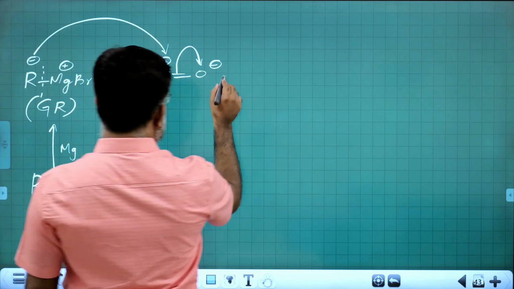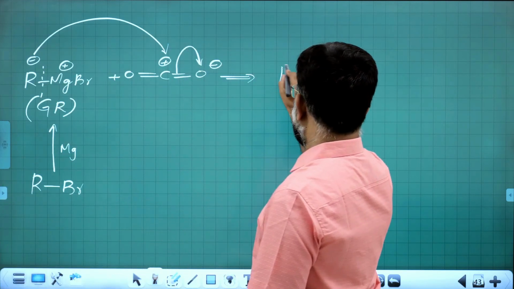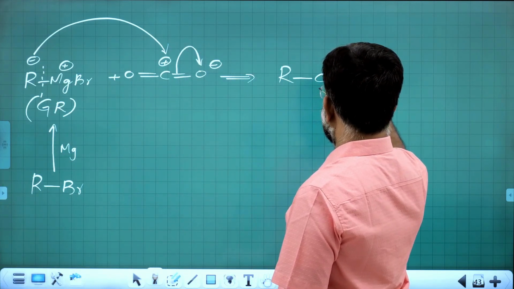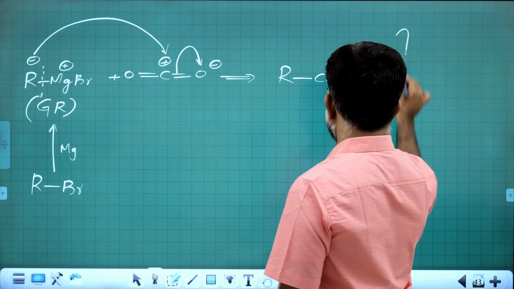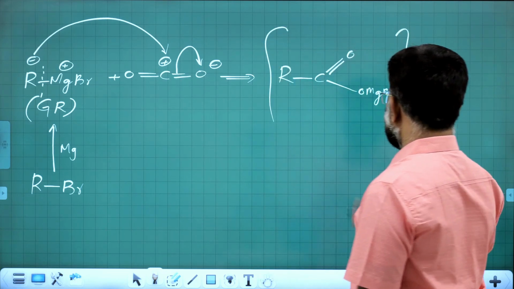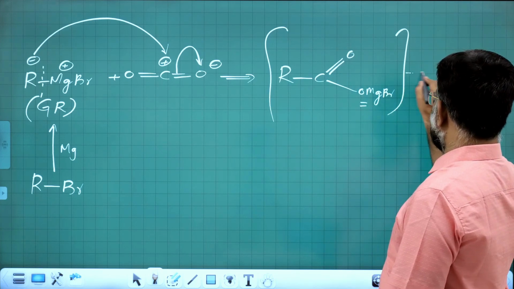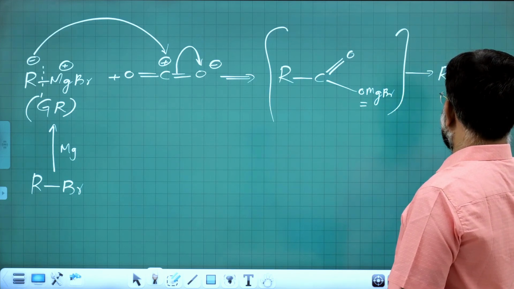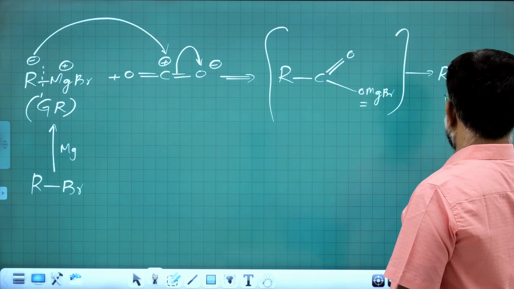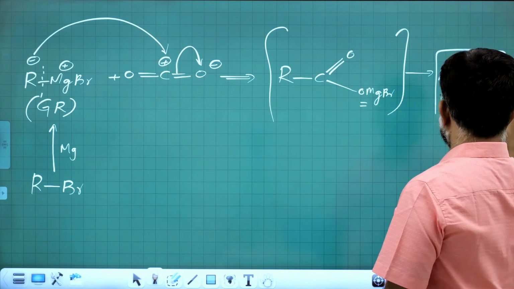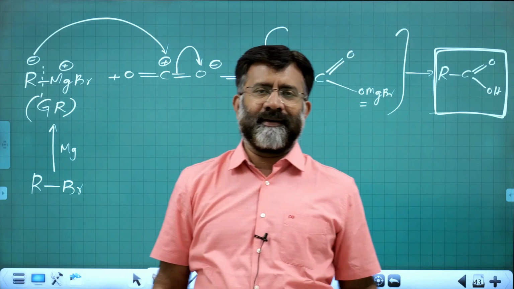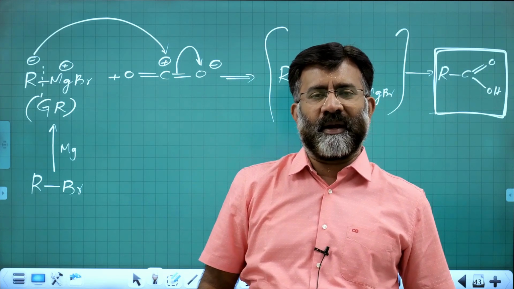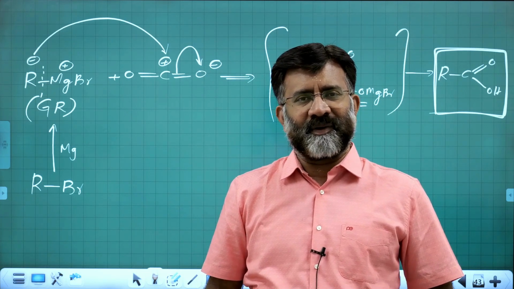And the addition product obtained will be RCOOMgBr. You get such an addition product which hydrolyzes over this region. Subsequently, you get RCOOH, the product we are talking about. So that's how a Grignard reagent, which is produced from an alkyl halide, is converted to carboxylic acid.